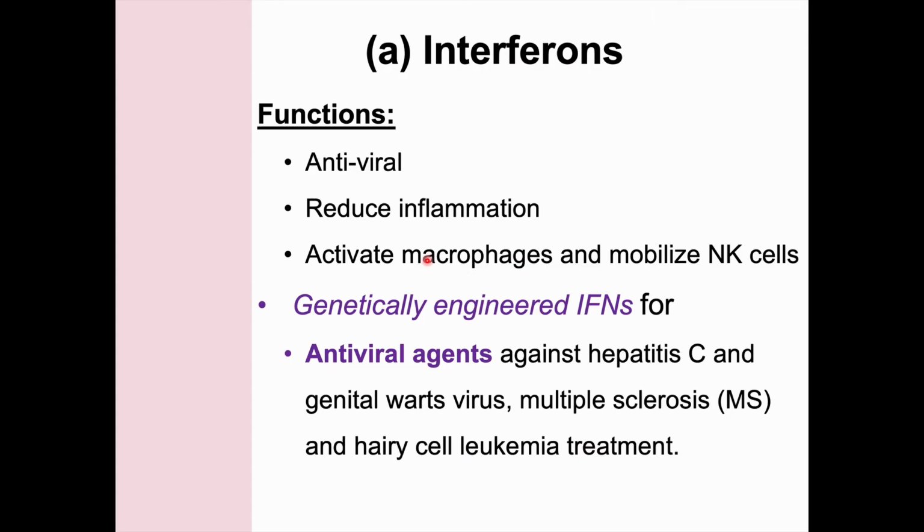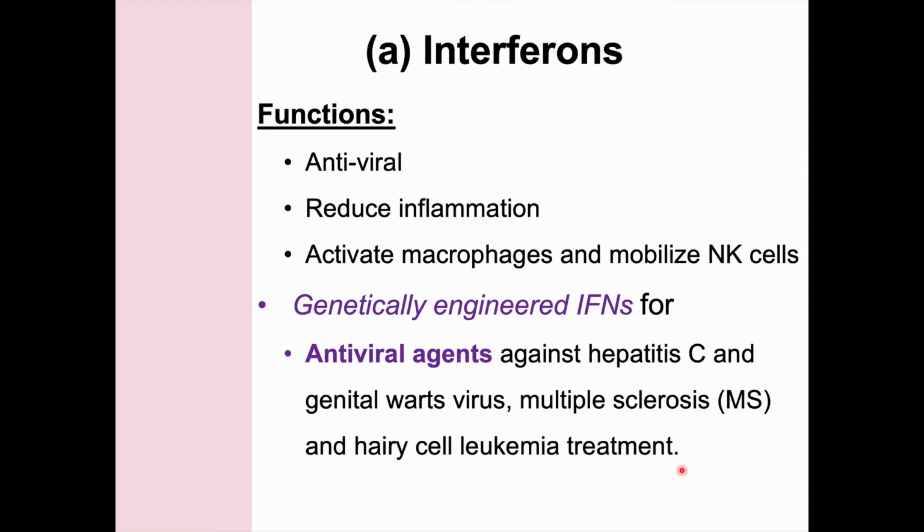Okay, functions of interferon. If you see, it's antiviral in nature. It reduces inflammation, activates macrophages and mobilizes the NK cells. Then genetically engineered interferons are used as antiviral agents against hepatitis C, genital warts virus, multiple sclerosis, and hairy cell leukemia.